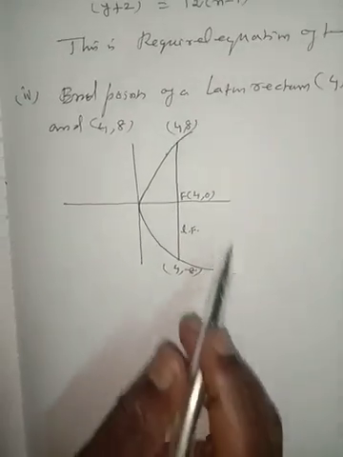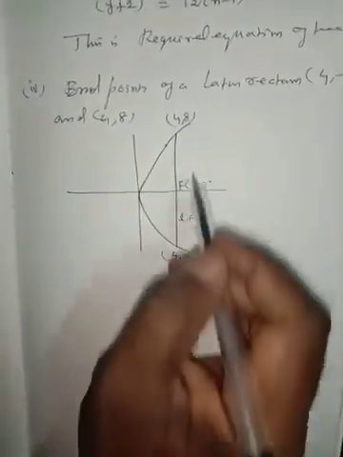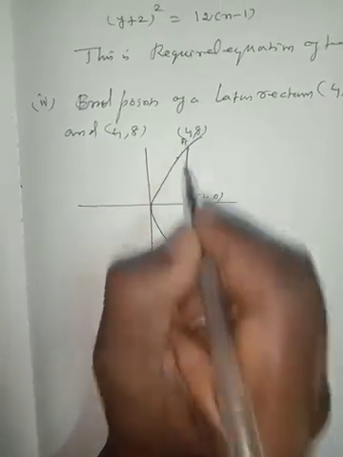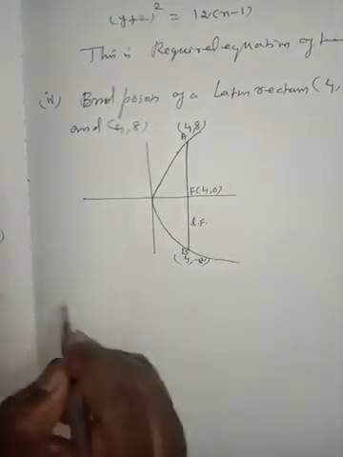The midpoint of AB is also 4 comma 0. Why?